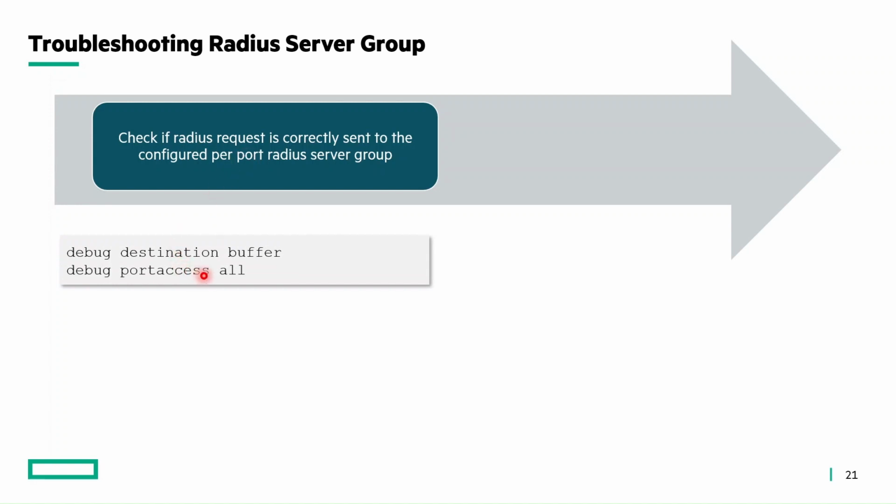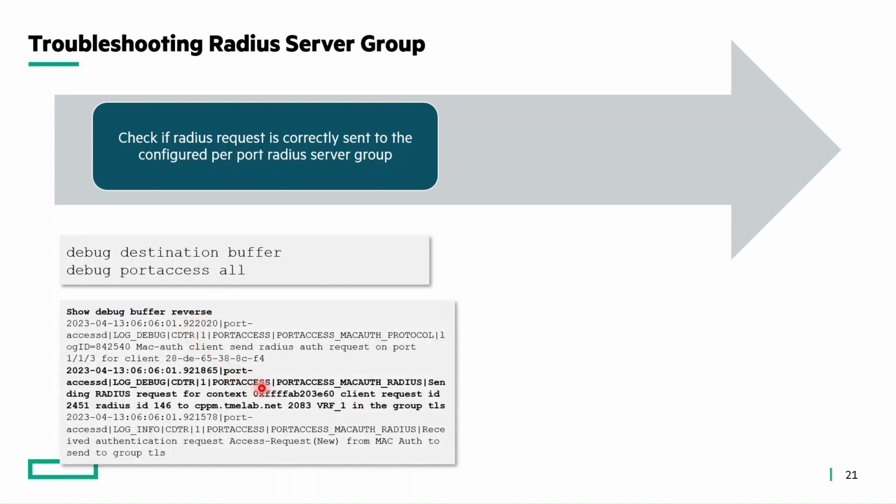The debug will clearly show this is the MAC-auth request for this client, and this client's RADIUS request is being triggered with an identifier to this RADIUS server in the group mentioned. So with that debug, we can say the configuration is correct, and the requests are correctly sent to the configured RADIUS server assignment at the interface level.